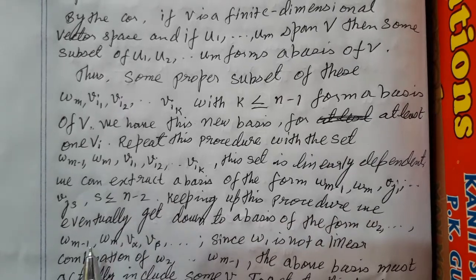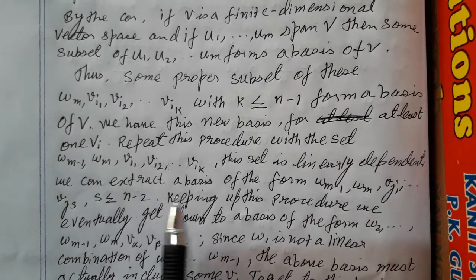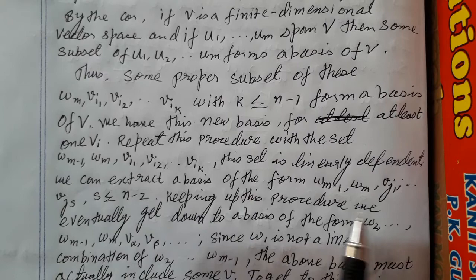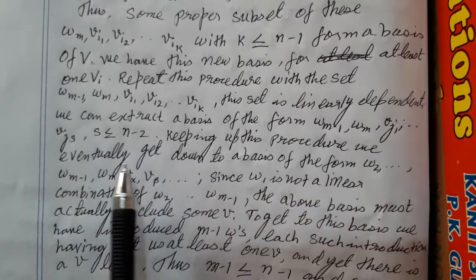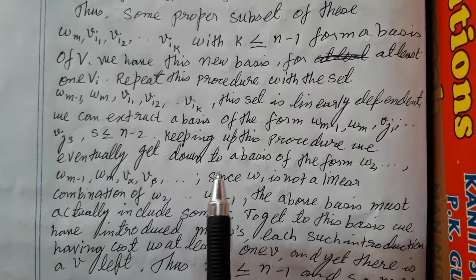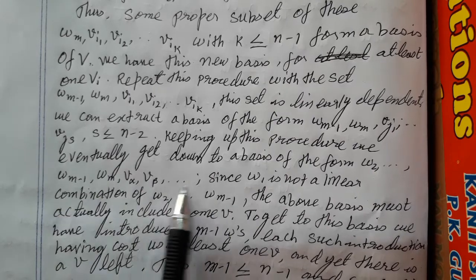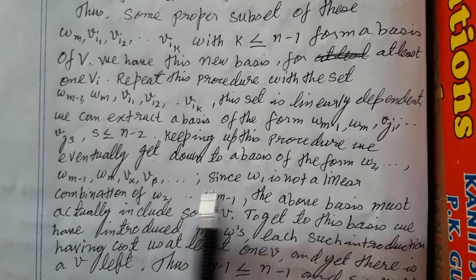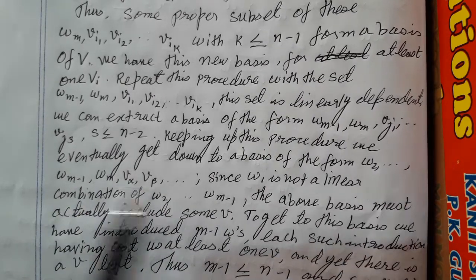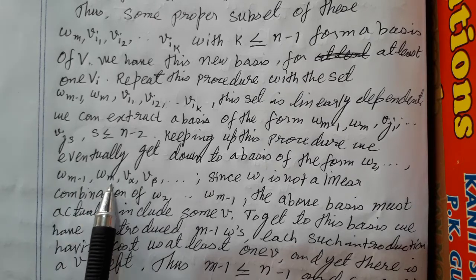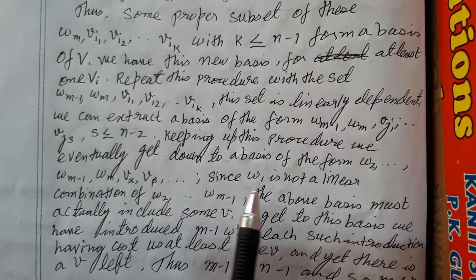Now we go on proceeding with this procedure. Keeping up this procedure, we eventually get a basis of this form: w2 up to wm minus 1, wm, and some v alpha, v beta and so on.